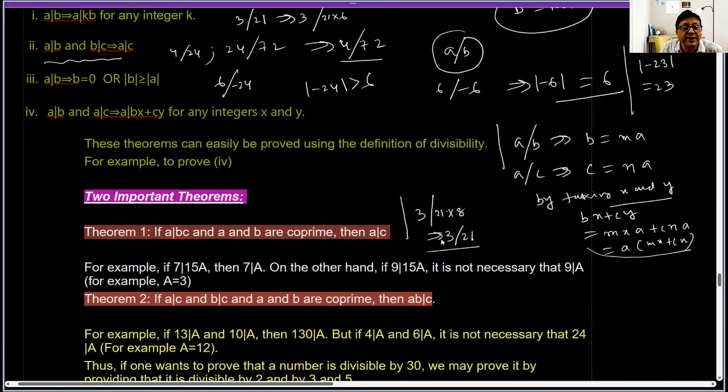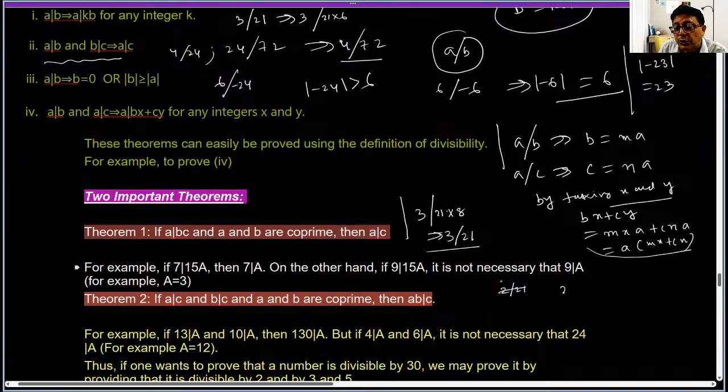If A divides C and B divides C, and A and B are co-prime, then the product will divide C. This is also very common. For example, 2 divides 21?